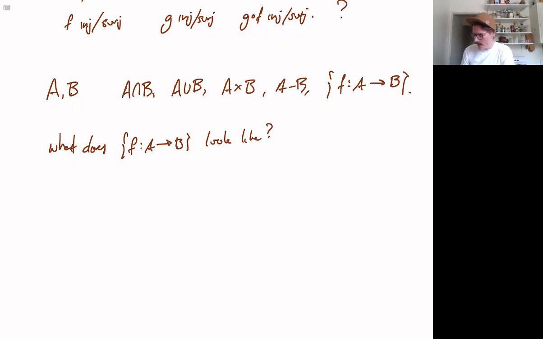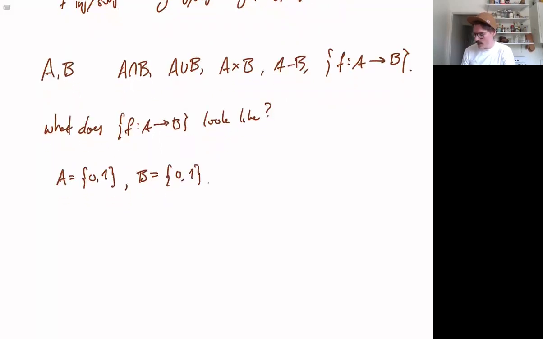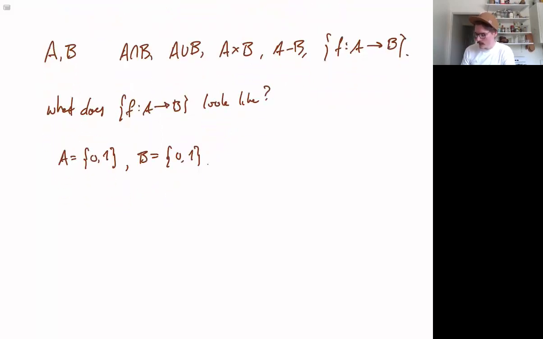So let's say A has two elements and B also has two elements. Then let's just try to write it down. So this is some set. Let's just write down all the elements, and let's write them down in this diagrammatic form that we've been using. So this is A, this is 0 and 1. This is B, 0 and 1.